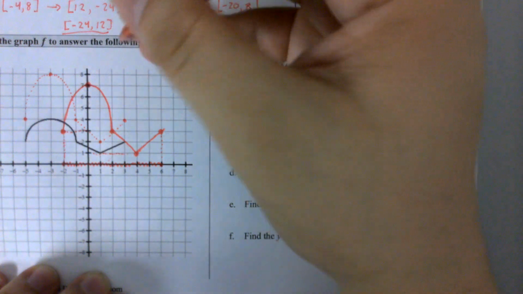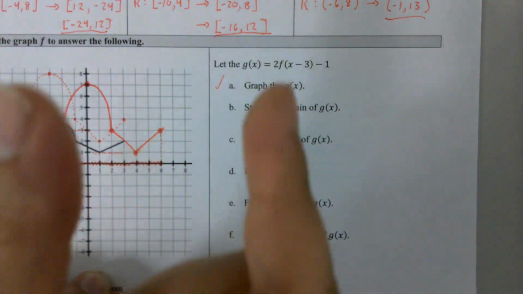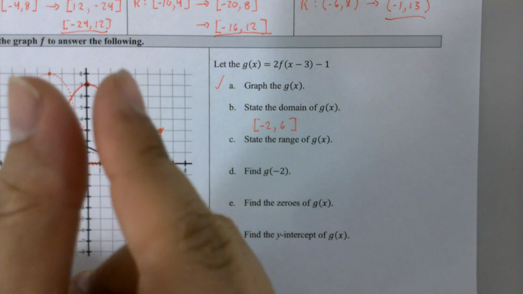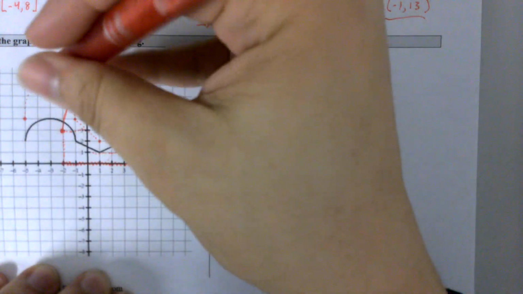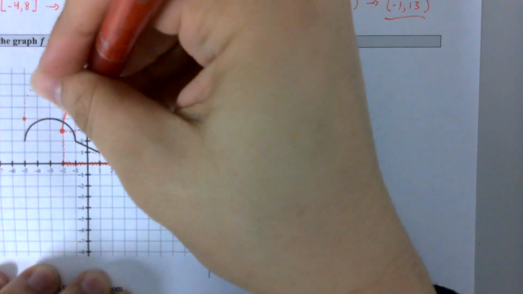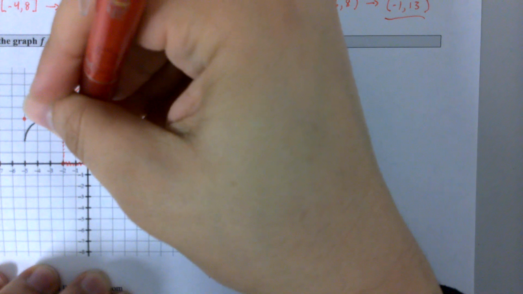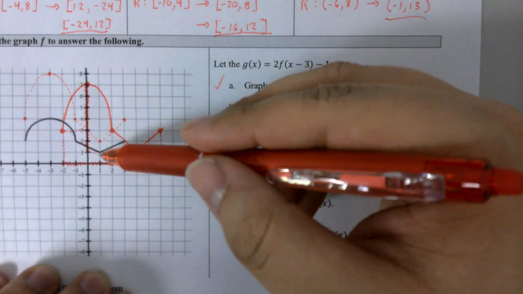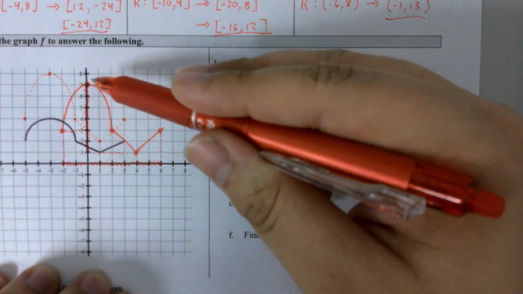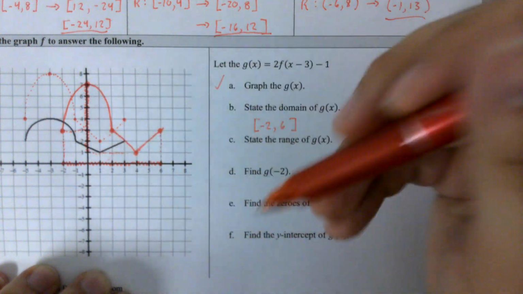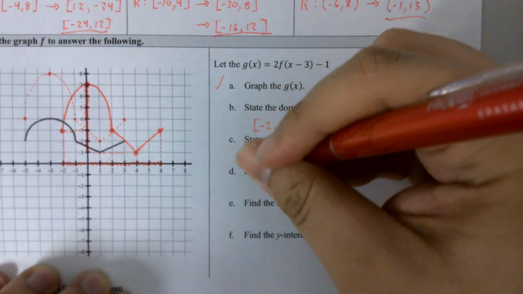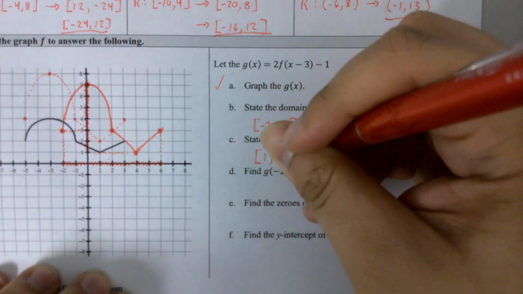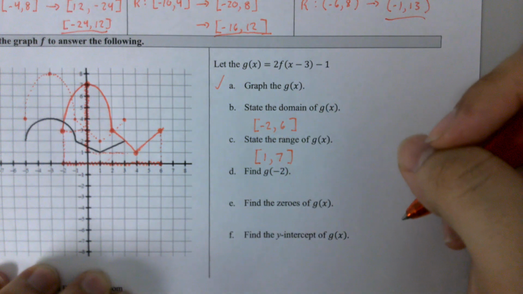But if we squish our function against the y-axis, it's going to occupy all of this portion of the y-axis. And so we start with the smallest value first, so that's going to go from 1 to 7, and it does include both 1 and 7. So our new range is from 1 to 7.